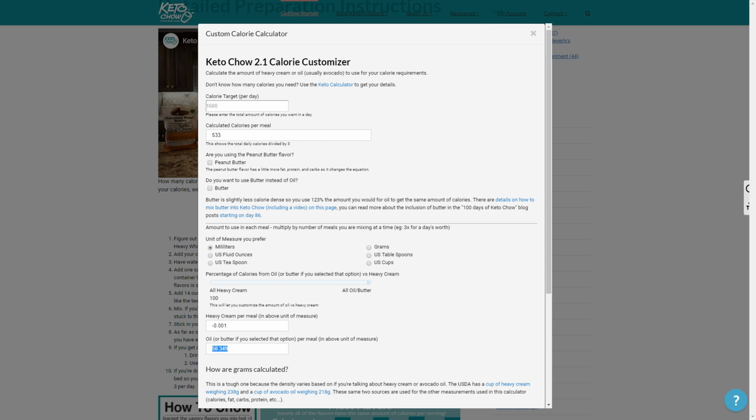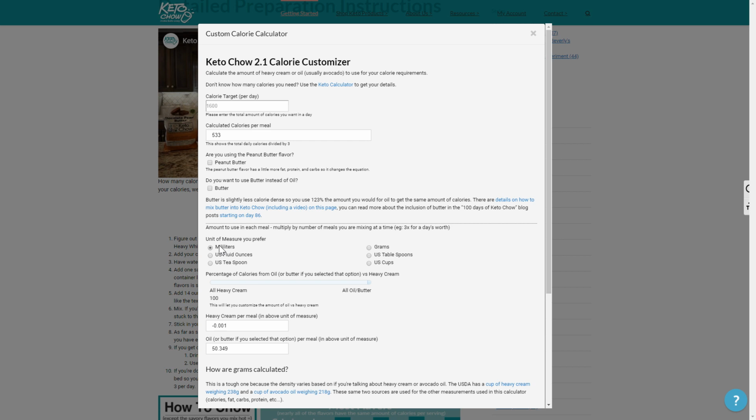But if you choose to, you would just substitute up to 15 milliliters or 1 tablespoon of the oil for MCT oil. So in this case, it'd be 3.4 tablespoons of oil. I could do 1 tablespoon of MCT with essentially 2.5 of avocado oil or melted coconut oil.